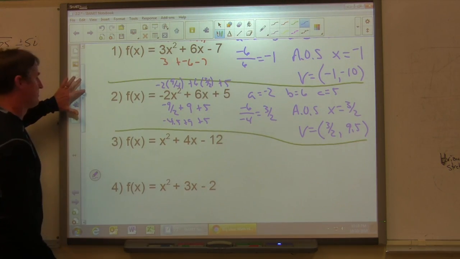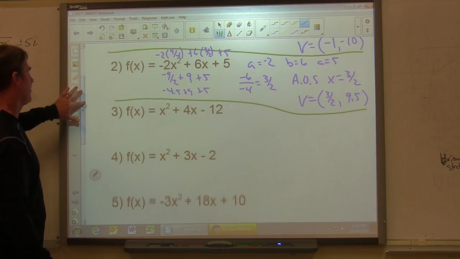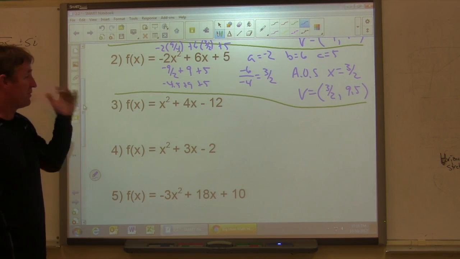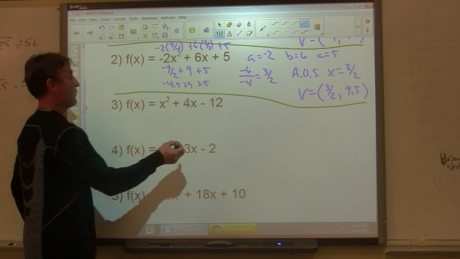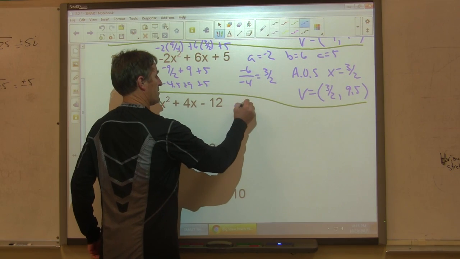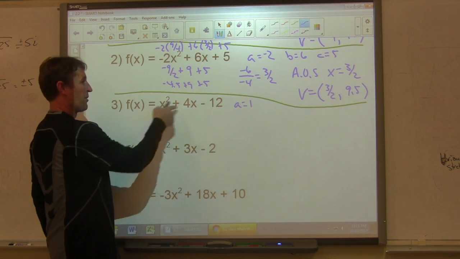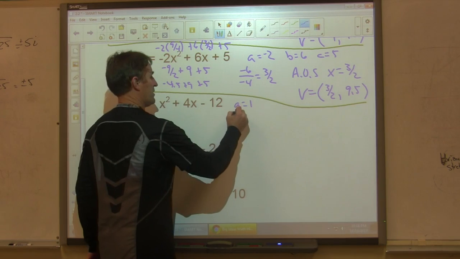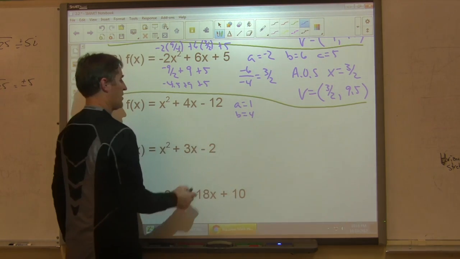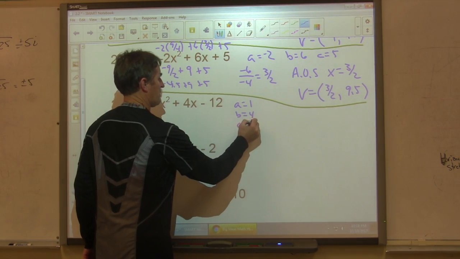So, the next one. Again, stop at any point and try one on your own, and if you understand it, you wouldn't need to do any more. So again, we're going to do our values. A is, now if there's no number in front, it's considered to be a 1. B is 4, and C is -12.